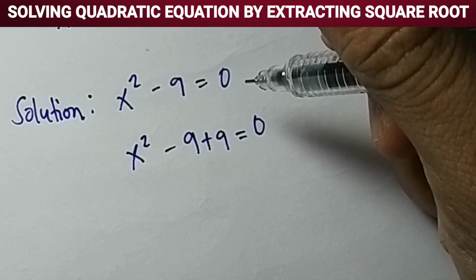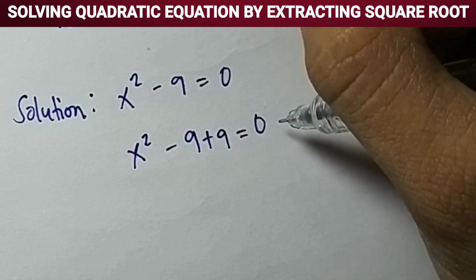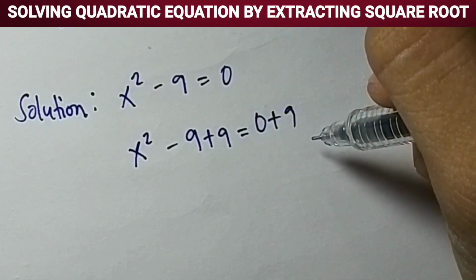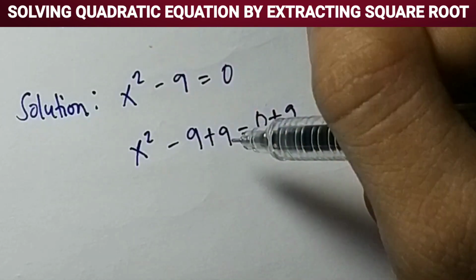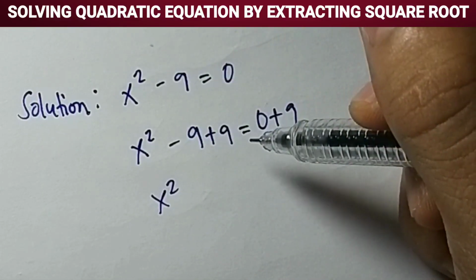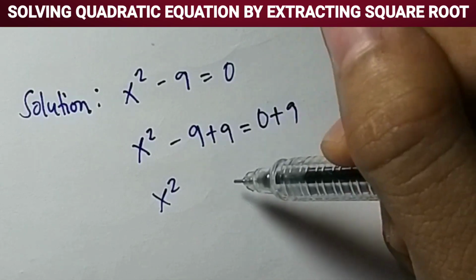Nya both sides man daw ta mag-add sa inverse ani sa quadratic term. So mag-plus pud ta diri og 9. Kung unsay gi-plus diri sa pikas, mao i-plus sa pikas. That is addition property of equality. So let us continue. X squared negative 9 plus 9, that is 0. So mawala na ni diri.